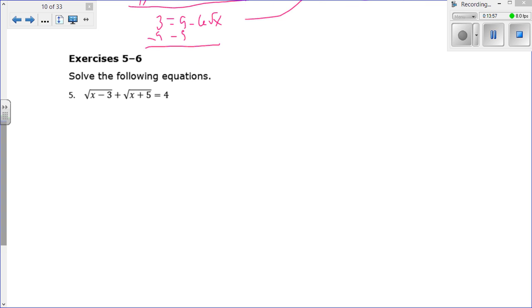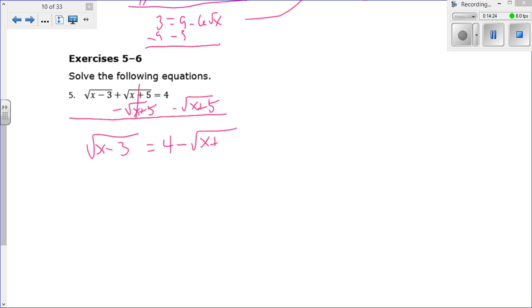All right. For this one, we're going to have to do the same idea as up above. And it doesn't matter which radical you subtract. Just pick one of them. So the square root of x minus 3 equals 4 minus the square root of x plus 5.